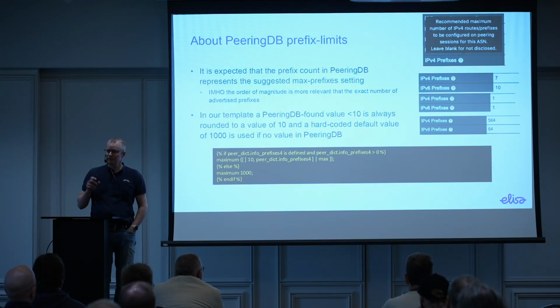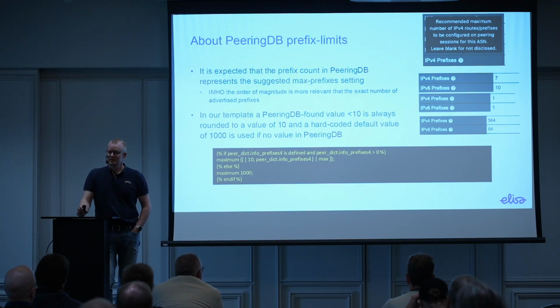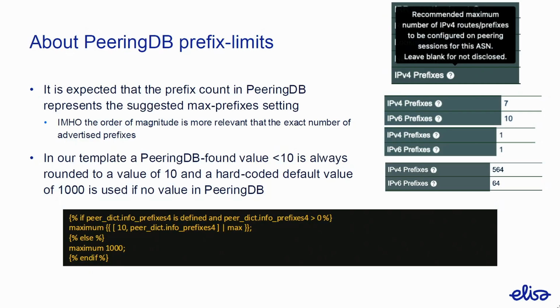By definition, the max prefixes in PeeringDB should be the suggested max prefix setting for each network, and at least I think that it should reflect the order of magnitude for the amount of announced prefixes, meaning that if you are announcing one single prefix, I think it is recommended to have max prefixes higher than one, because the moment you get the second prefix, I think you are not willing to lose your session.